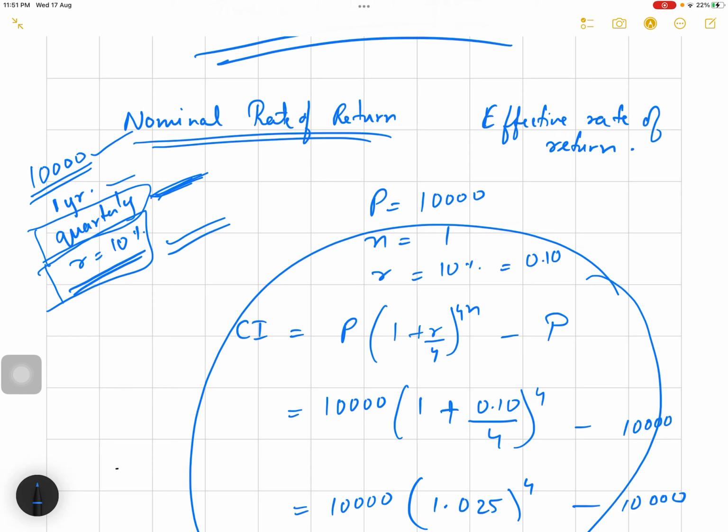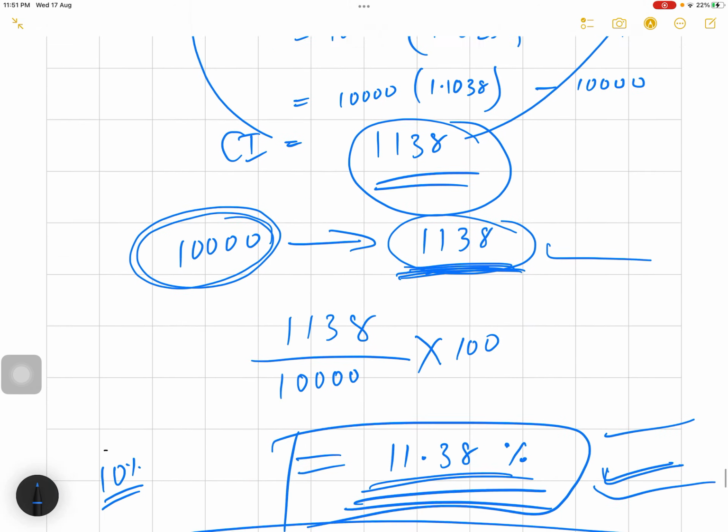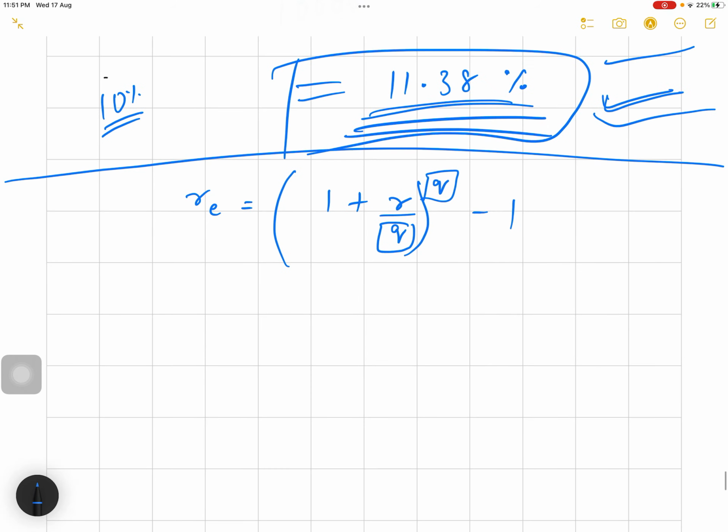For example, when I say quarterly, then Q is 4. When I say monthly, Q is 12.